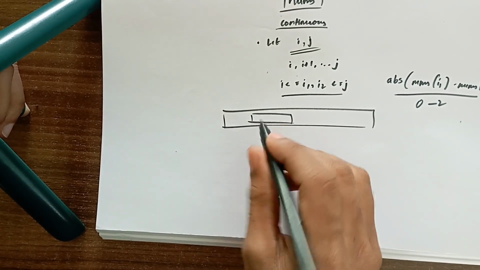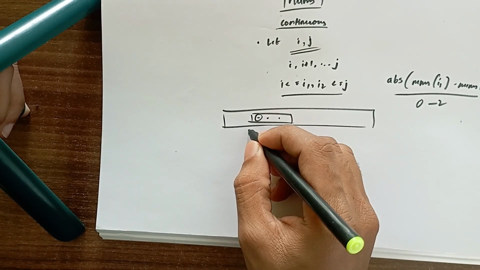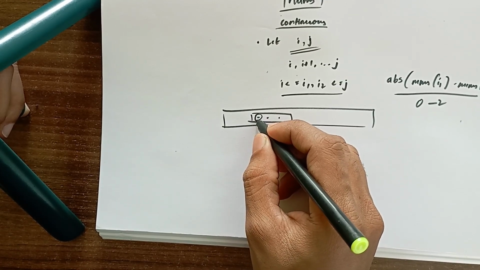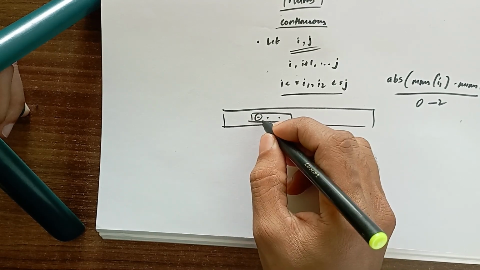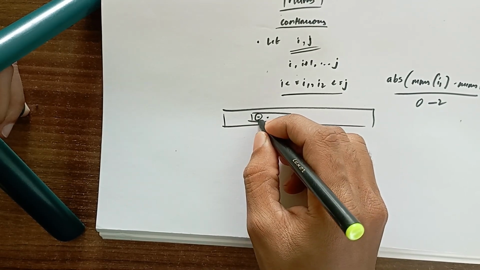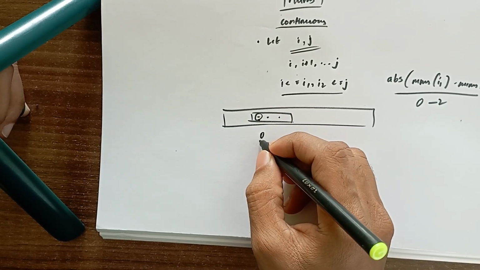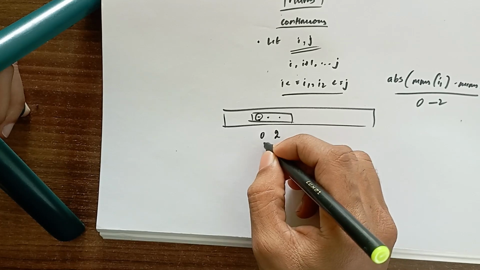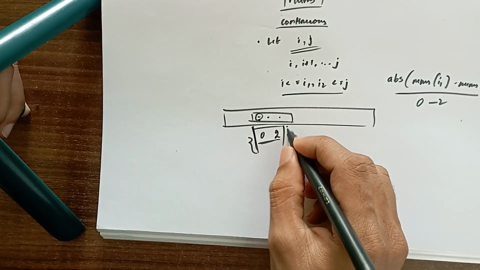Take a subarray where we have some elements. For every element, if you take the difference with the other elements, it should be greater than or equal to 0 and less than or equal to 2. So this is the range.